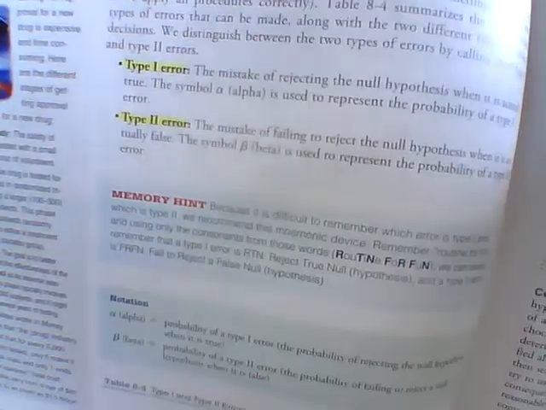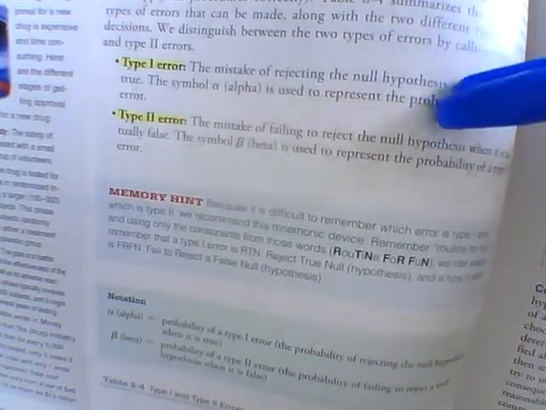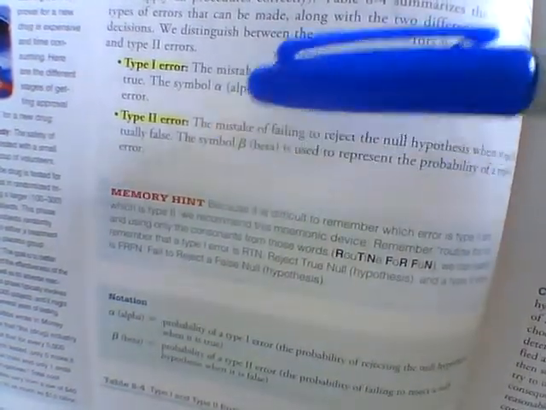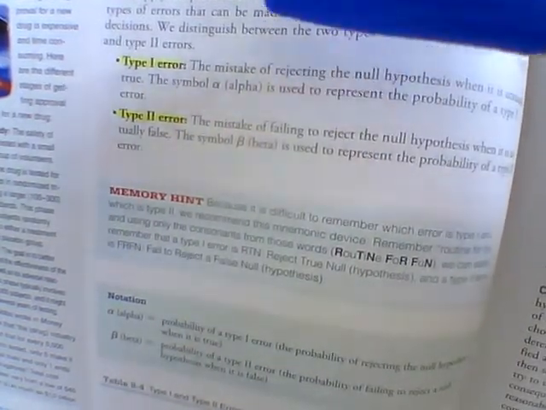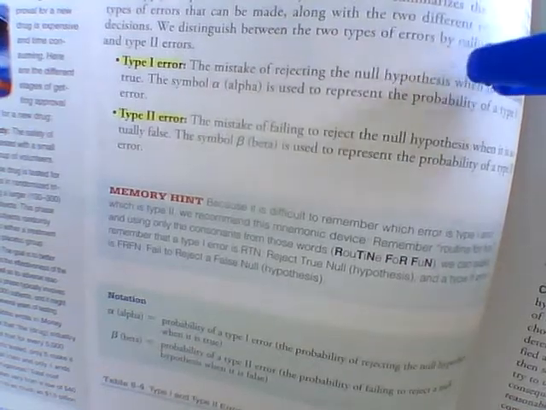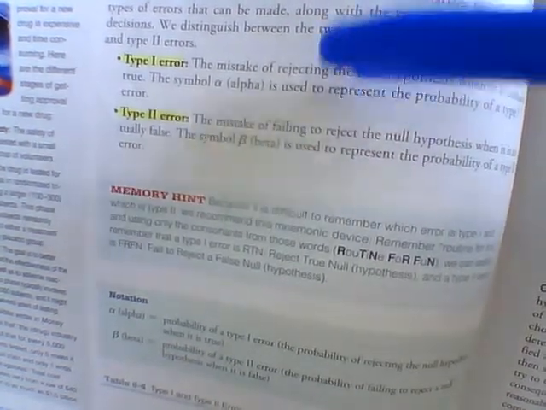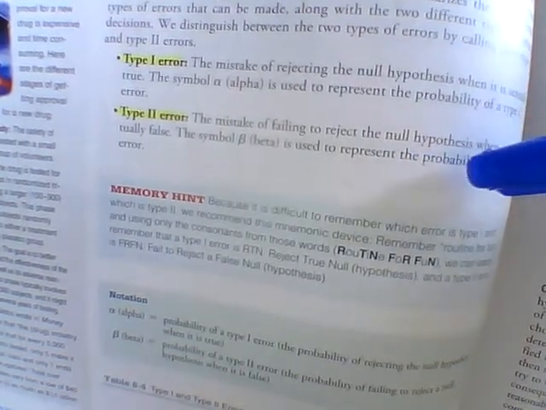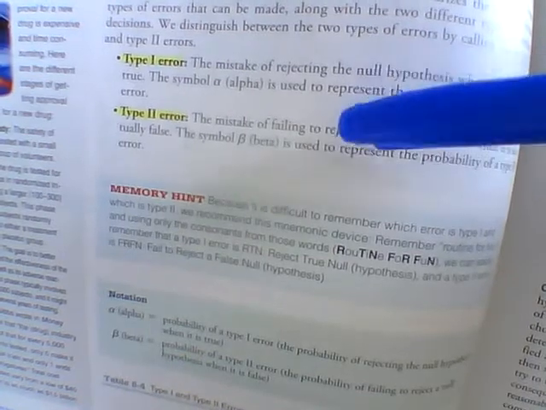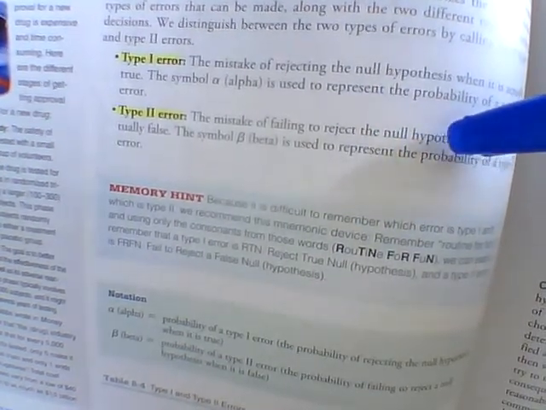And then in type 2 error, the mistake is failing to reject the null hypothesis when it's actually false. So basically we could state that yes, this truly does equal, but in our test we rejected it. That gives us a type 1 error. Type 2 error says, well, we fail to reject it when it's actually false. Okay.